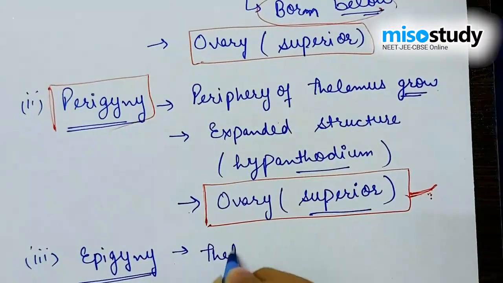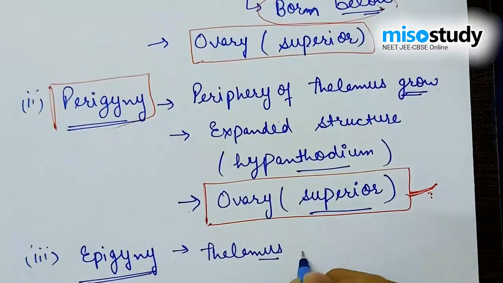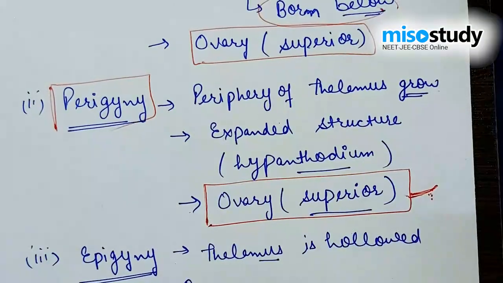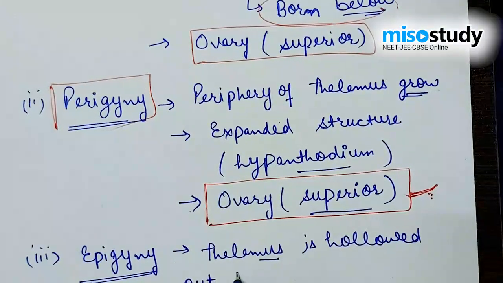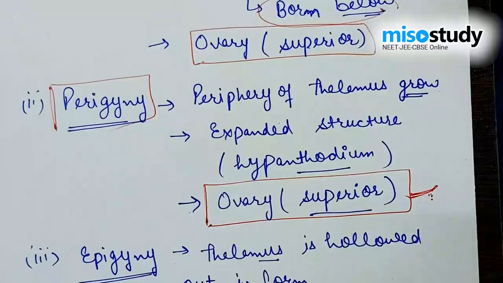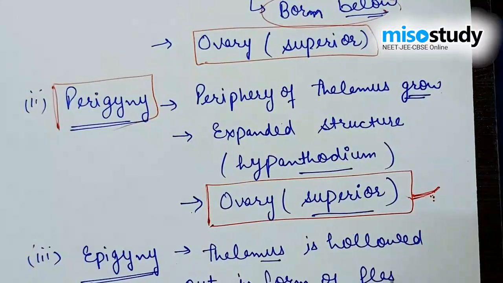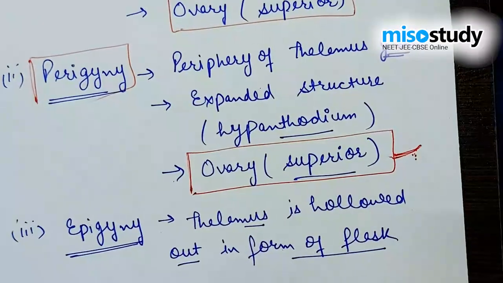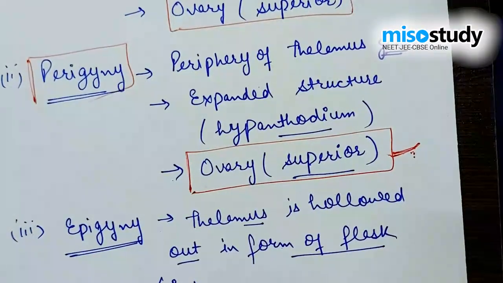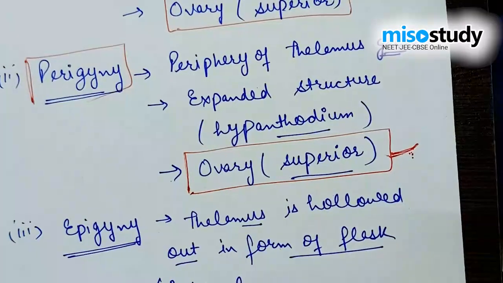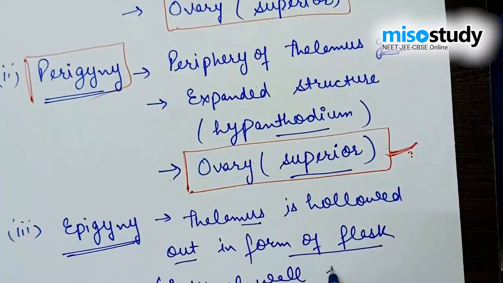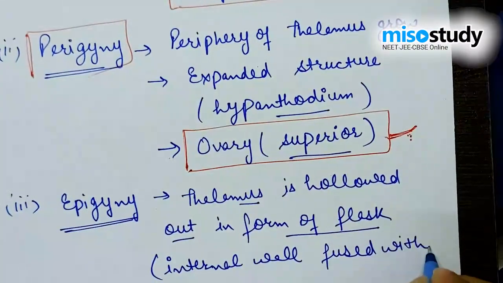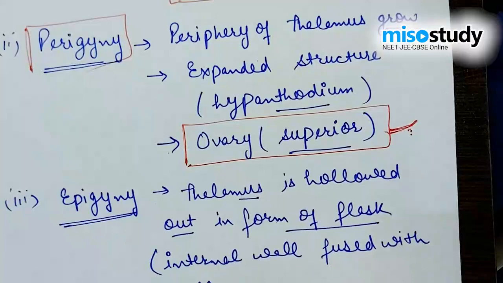In epigyny, the thalamus is hollowed out in the form of a flask, but its internal wall is fused with the wall of the ovary.